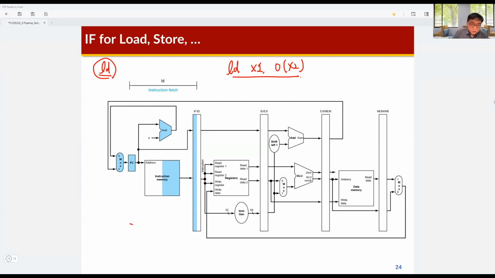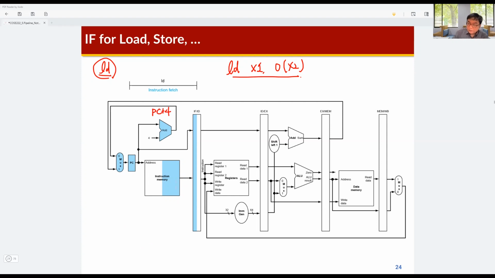So during the instruction fetch stage, the PC is given to the instruction memory, then the instruction comes out from the instruction memory, and then the next PC is generated, PC plus 4.